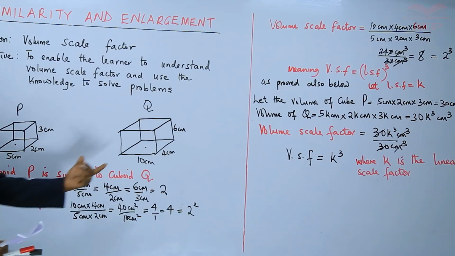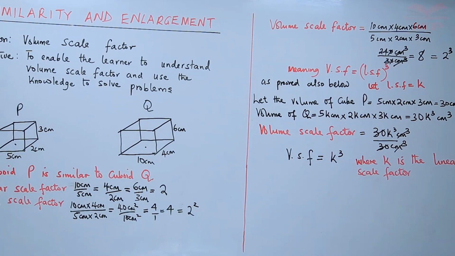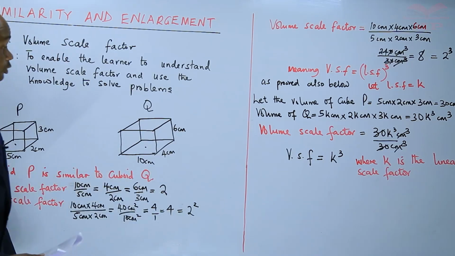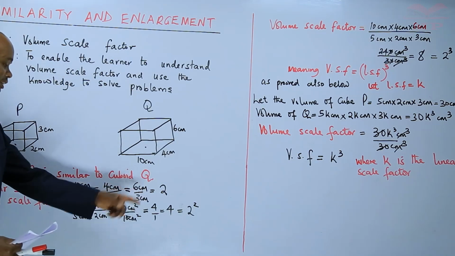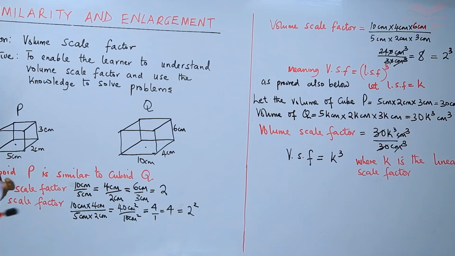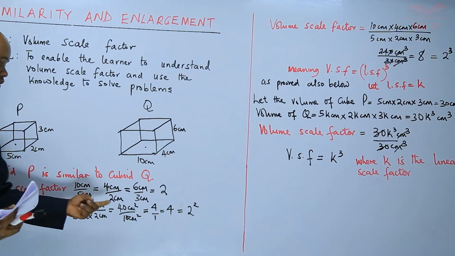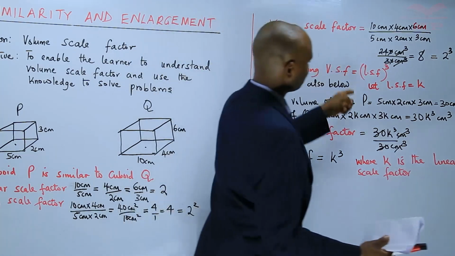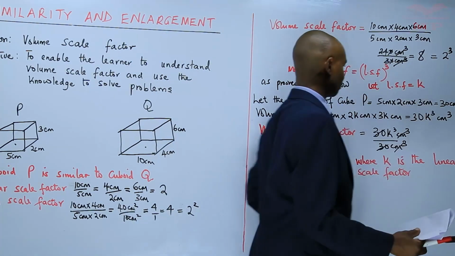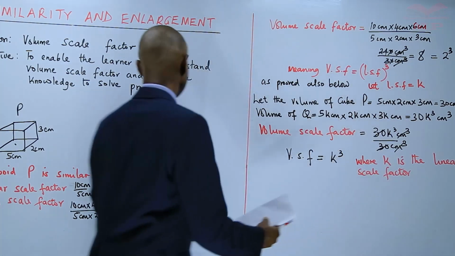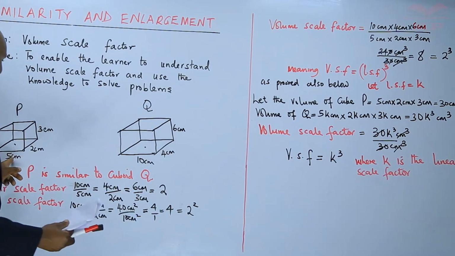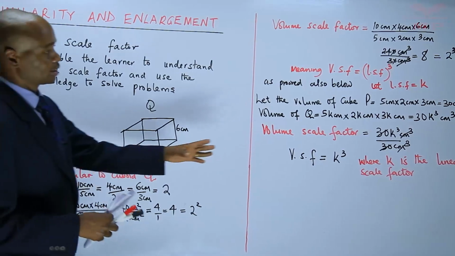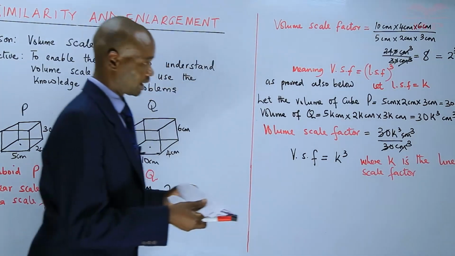For the area scale factor, I take the corresponding planes and divide, and I get 4, which is the same as 2 squared. So area scale factor is equal to linear scale factor squared. For volume we get 2 cubed, and we prove it further by inserting K as the linear scale factor.